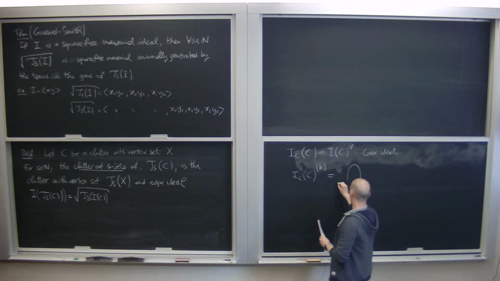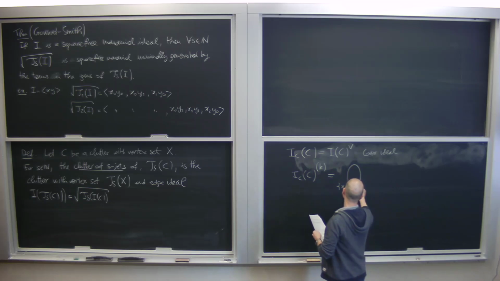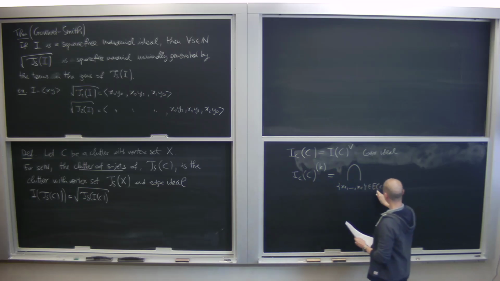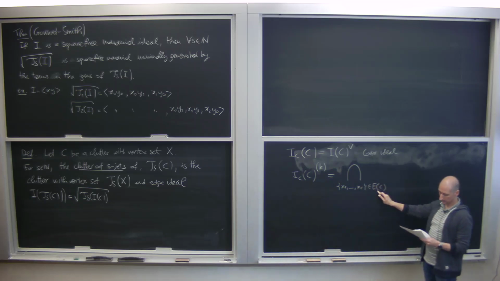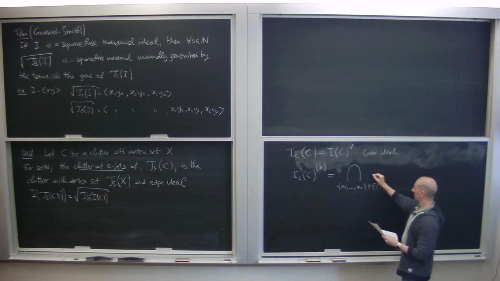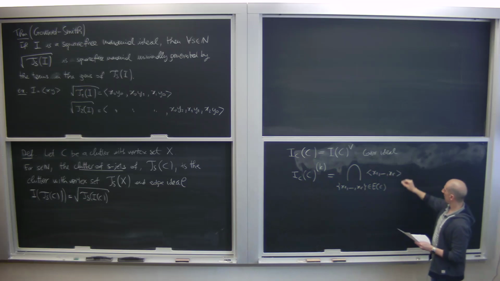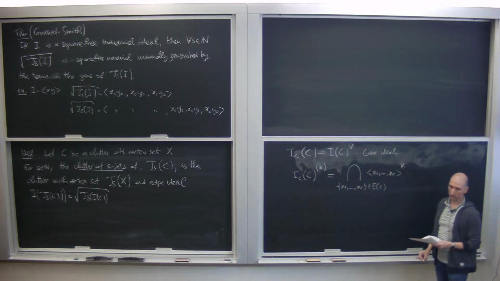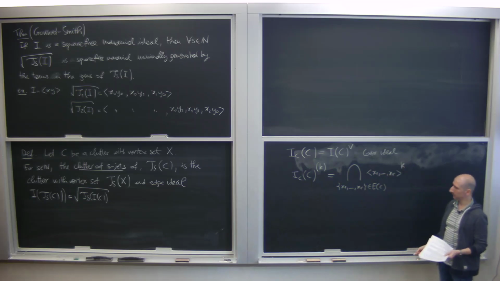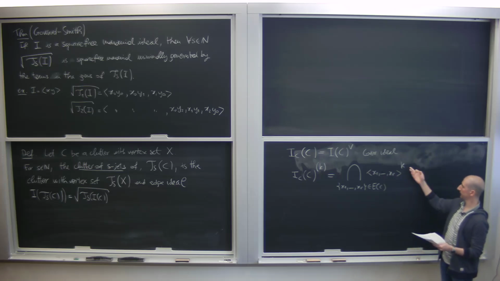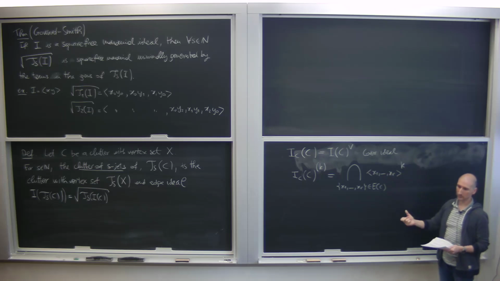Whenever you have an edge, let's say x1 through xr, where E of C is the set of edges of your clutter, you form the ideal generated by the vertices that make up that edge, and you take its kth power, you intersect them all up, and this gives you the order k symbolic power of the cover ideal. So if k is 1, then you just intersect all the edges, and that's how you get the cover ideal.